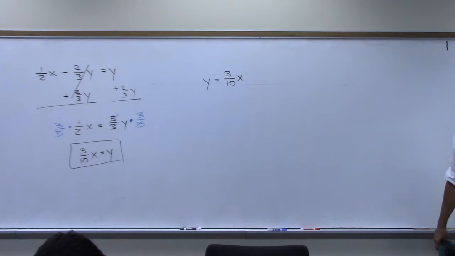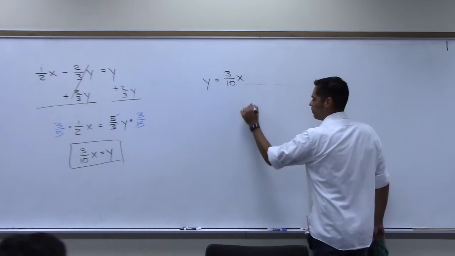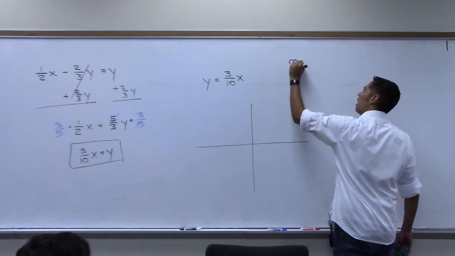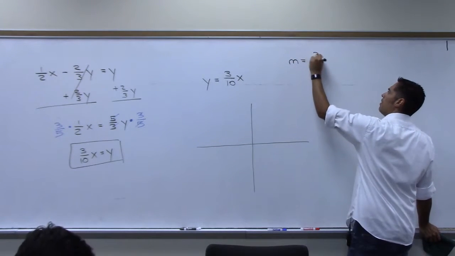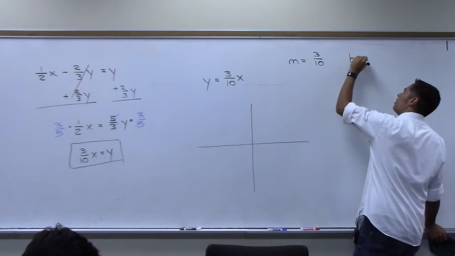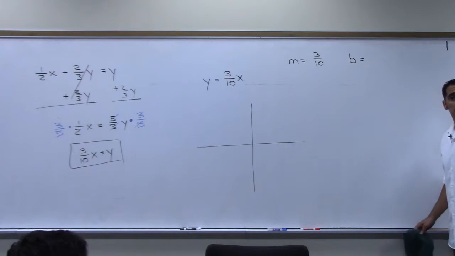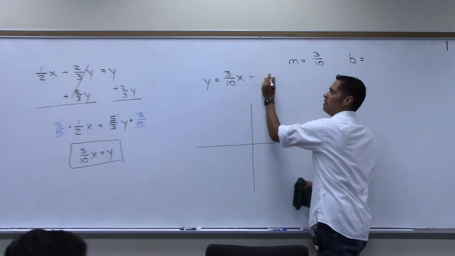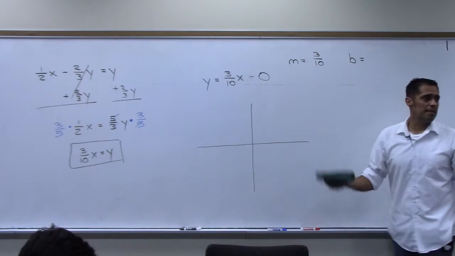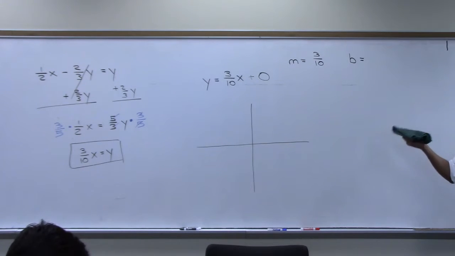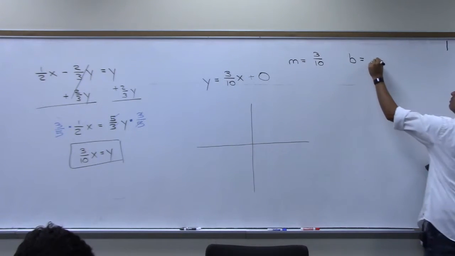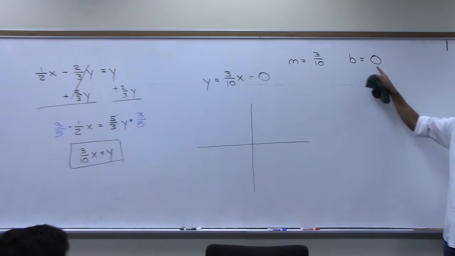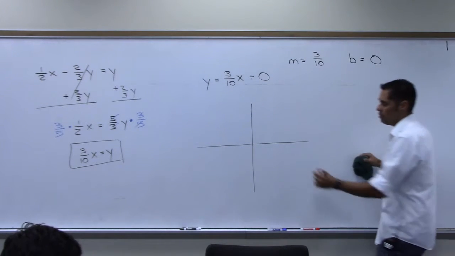All right, let's sketch it. What's the slope of this line? 3/10. What's the y-intercept? 0, right? Do you see a number out here? Do you see like plus a number? Well, yeah, plus 0. So the y-intercept for this line is 0. I will start by putting a point on the y-axis at 0, which is here.